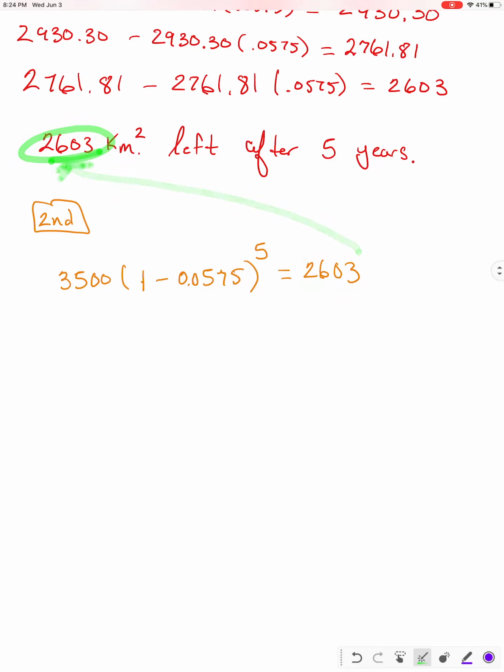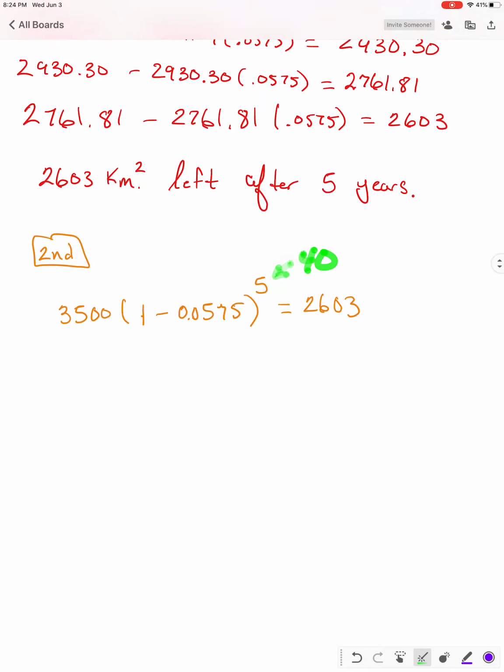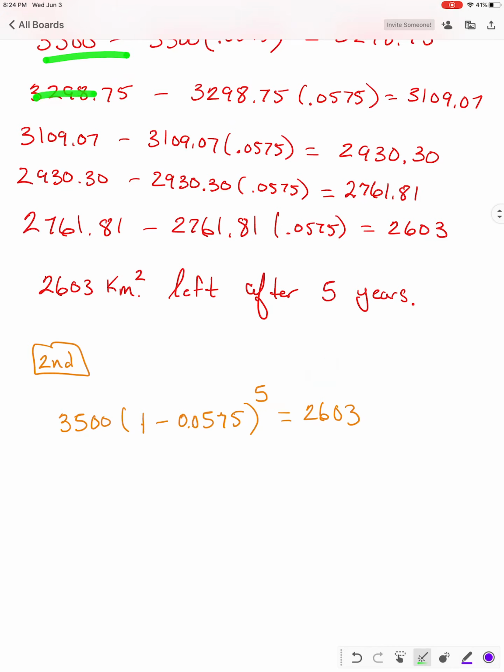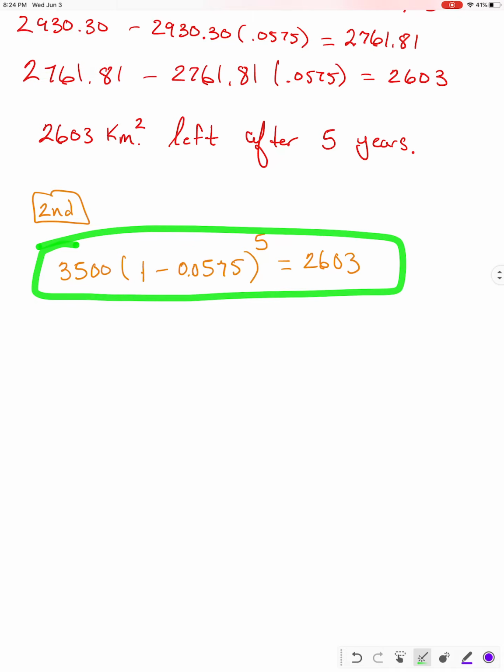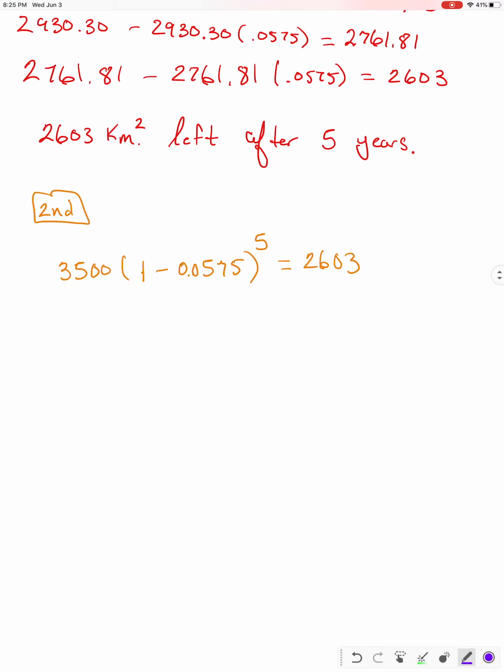So obviously the second way is much faster, and if this was something like 40 years, clearly this would take all day to do each one for 40 years, right? So this way is much, much faster. So why does this way work is what I think is the key thing to take away here.